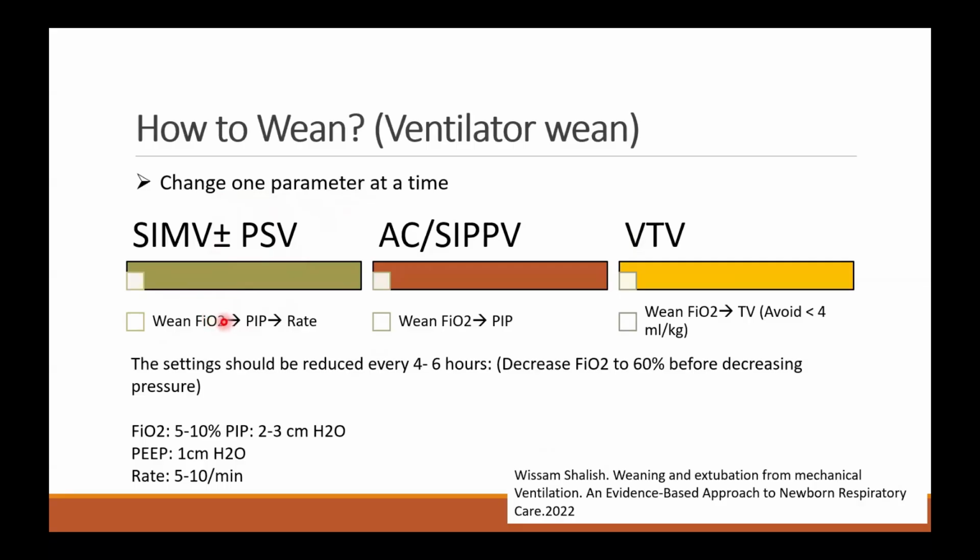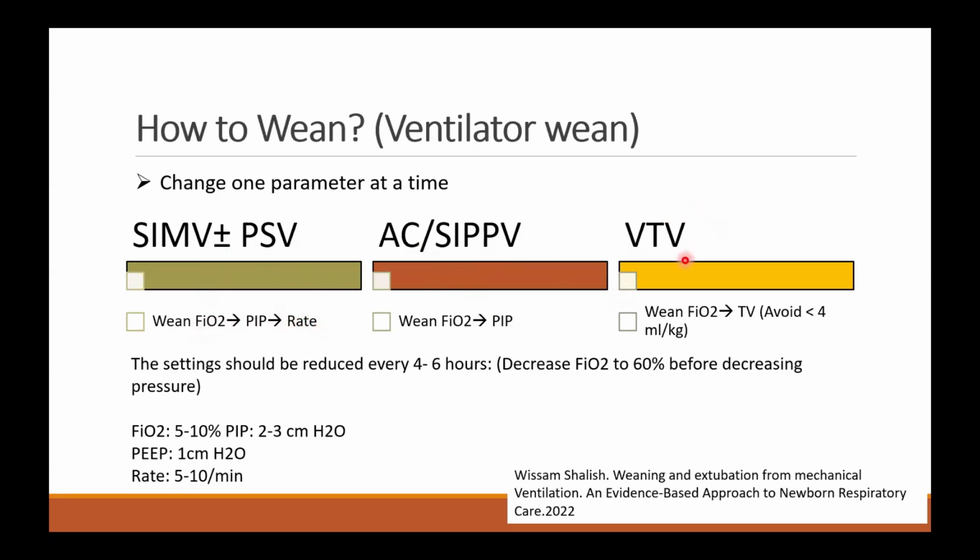It is said that once your FiO2 has reached 60%, then you should start decreasing pressures. So on SIMV, with or without PSV, or assist controlled SIPPV, we decrease FiO2 followed by PIP, and in SIMV additionally there is a role of decreasing rate.